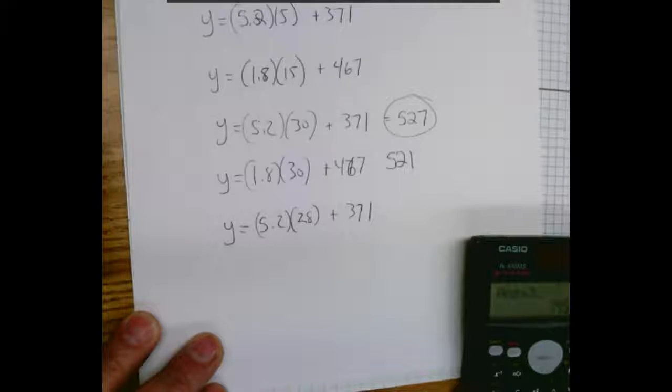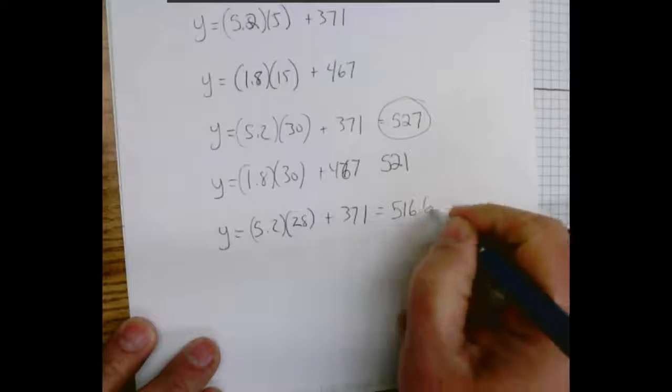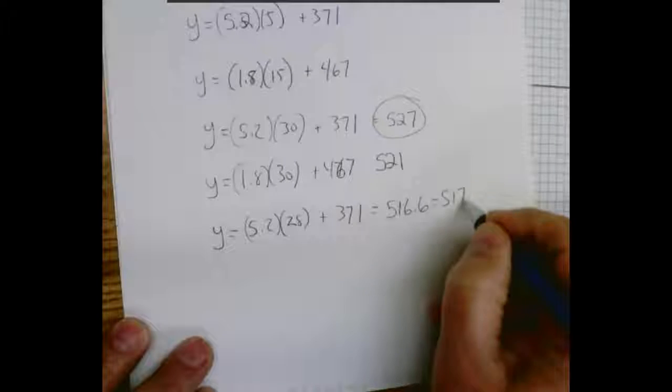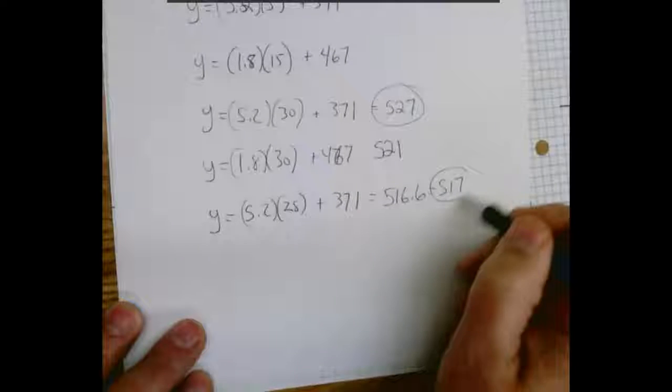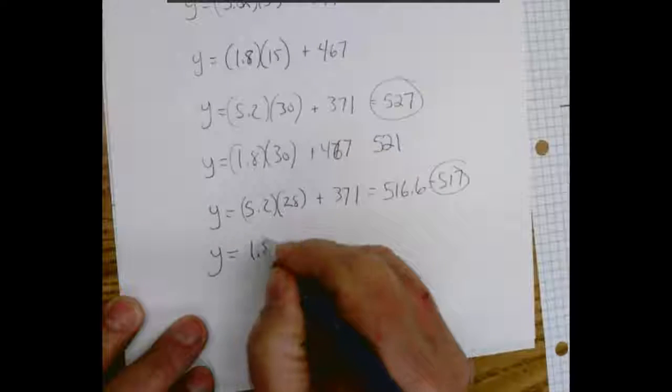Plus 371. About 516.6. Might have to round that up to 517. A little bit less. Let's see what we get for 1.8 for track and field.